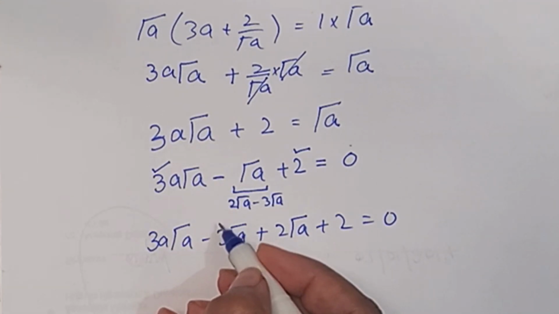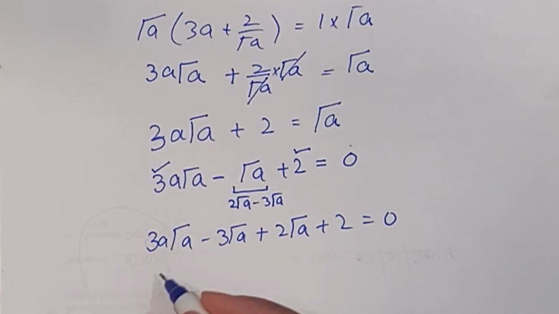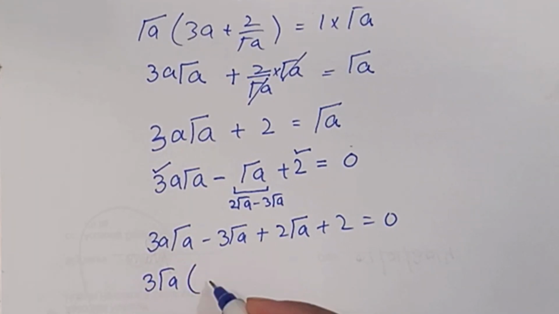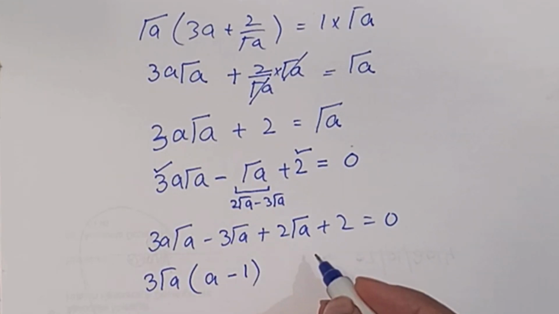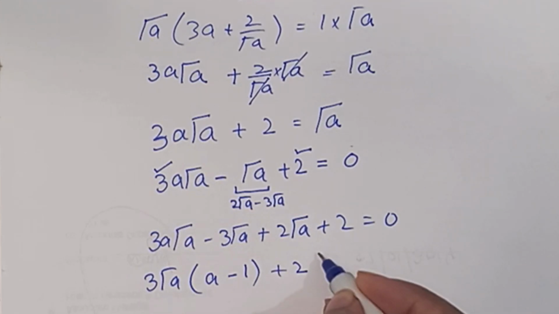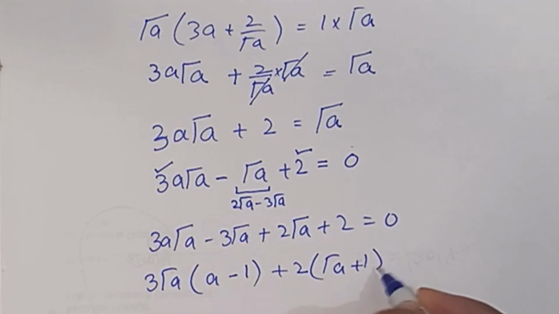Now look at the first two terms. 3 times square root a is involved in these two terms, so we factor out 3 times square root a and the remaining value is a minus 1, and 2 is involved in the last two terms, so we factor out 2 and the remaining value is square root a plus 1, it's equal to 0.